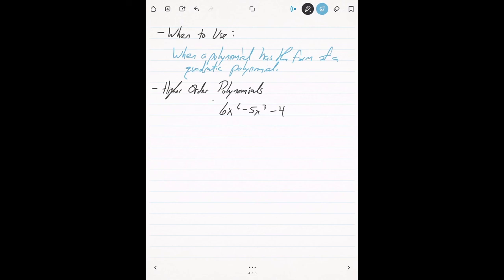Similarly, we're going to use the same idea when we have polynomials of higher order, meaning larger exponents. The idea here is when we have 6x to the 6th minus 5x cubed minus 4, we would say to ourselves, well, this is a 6-degree polynomial. We haven't learned techniques for that. Rather, could I write it as a quadratic?